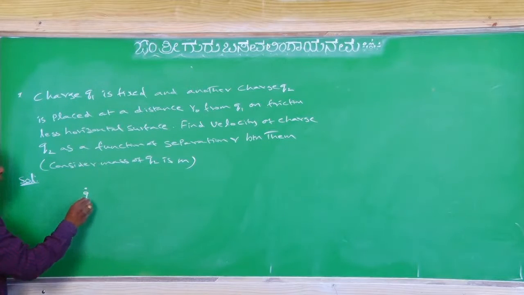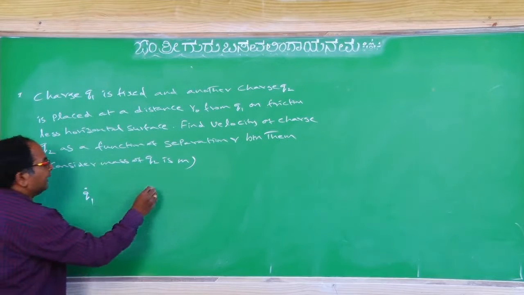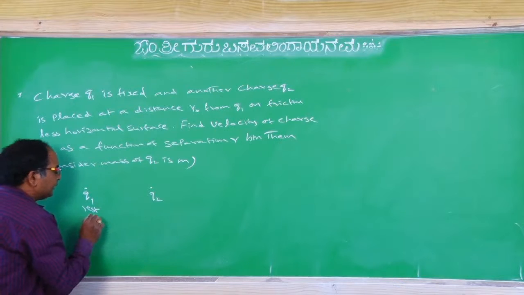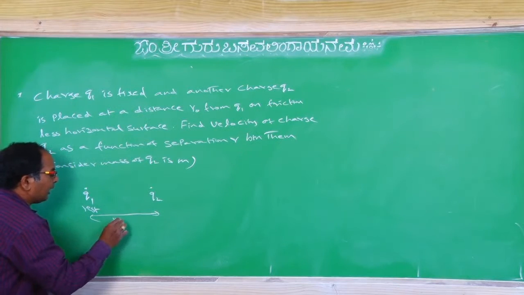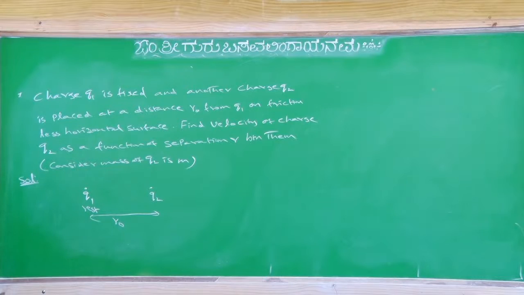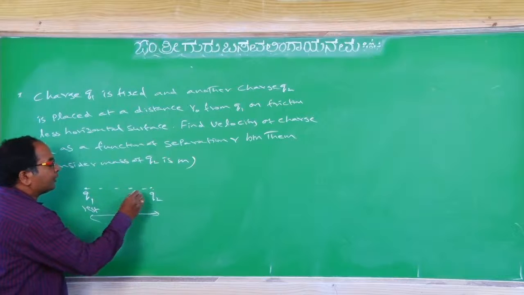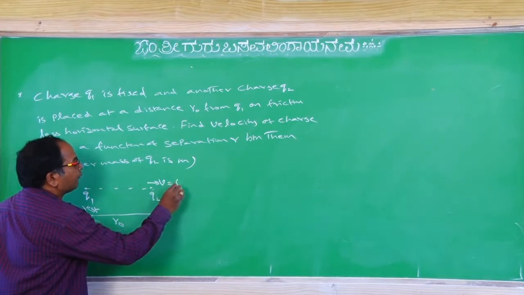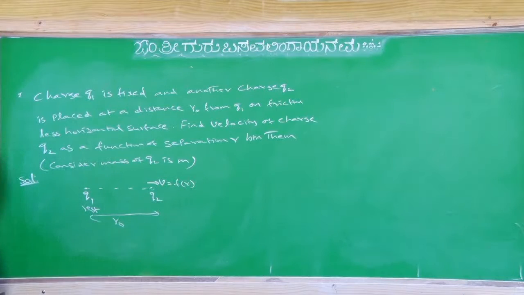Here this is the charge Q1 and here this is the charge Q2. Q1 is at rest and Q2 is at a distance r naught from Q1. If the charge Q2 is moving with a certain velocity, then we want to find this velocity expression as a function of separation r. How do you find out?